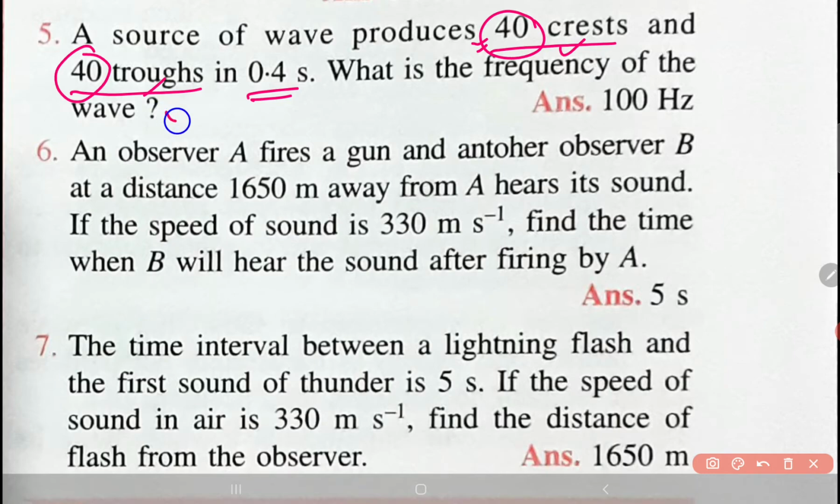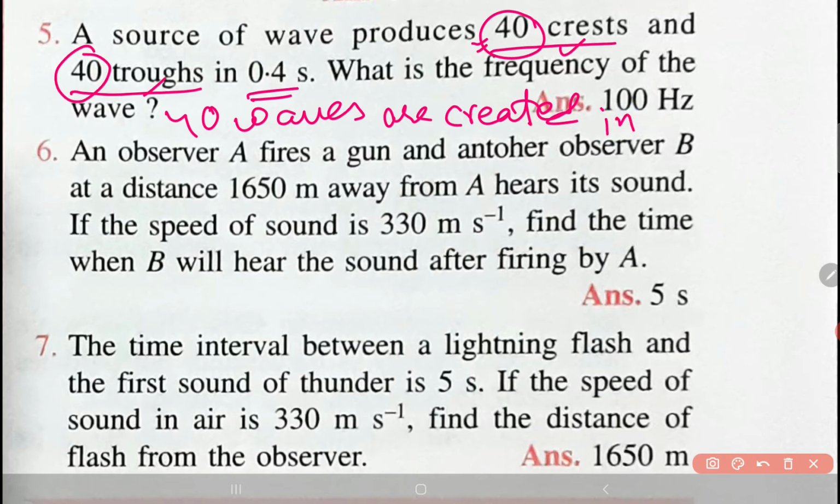So 40 waves are created in 0.4 seconds. Then from this data we are supposed to find the frequency. So the frequency is question mark. Okay, let us try to solve number 5 also.